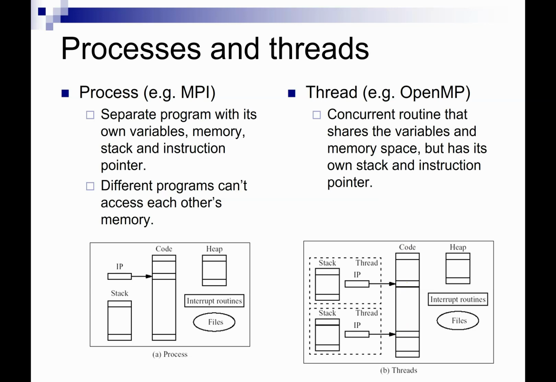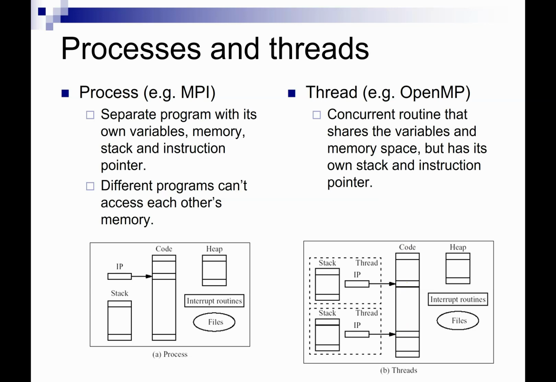The threads can do different things because they can be at different portions of the code. They also have their own memory in the sense that each thread has its own stack. The stack keeps track of the automatic variables and the function calls that each thread has made. Different threads can be calling different functions, so they have different stacks.